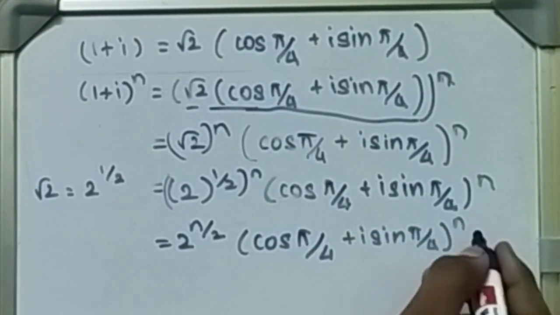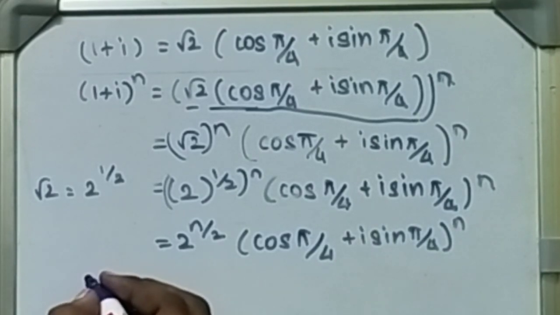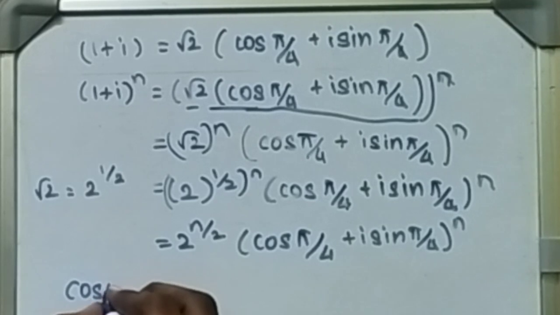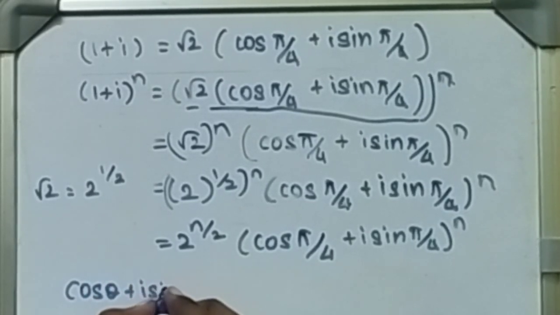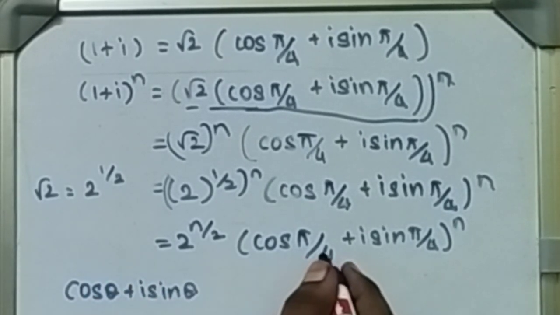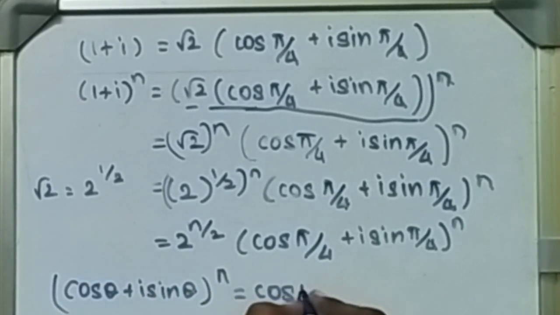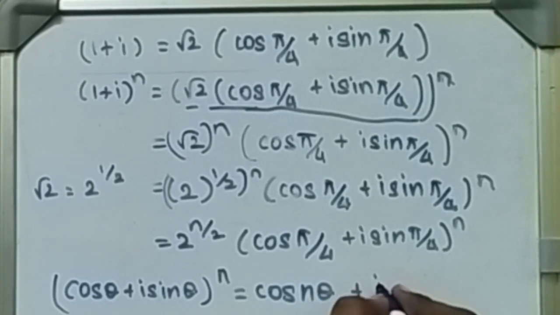So power n. Now we are going to apply De Moivre's theorem. What is De Moivre's theorem? Cos theta plus i sin theta power n equals cos n theta plus i sin n theta.